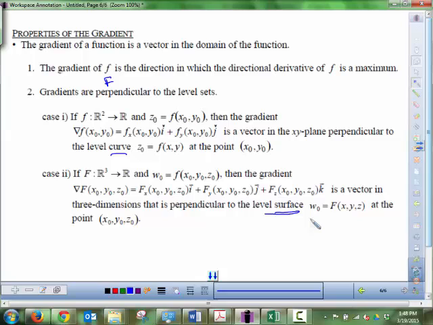Okay? So the gradient, remember, is a three-dimensional vector for a function like this with an input from R3. If your input is from 2 dimensions, then your gradient is a two-dimensional vector, so it should be perpendicular to a level curve, two-dimensional.